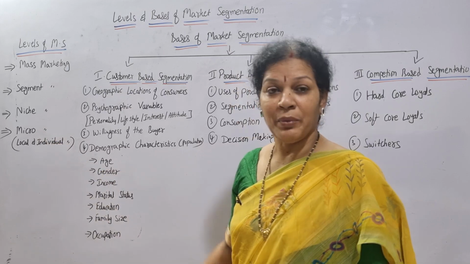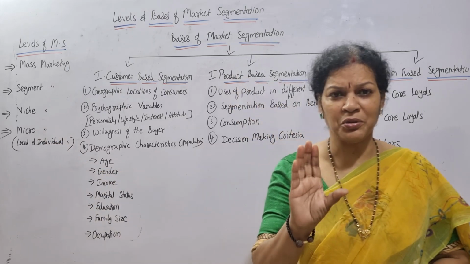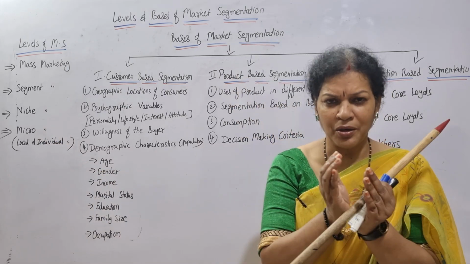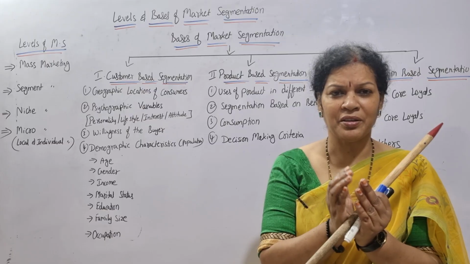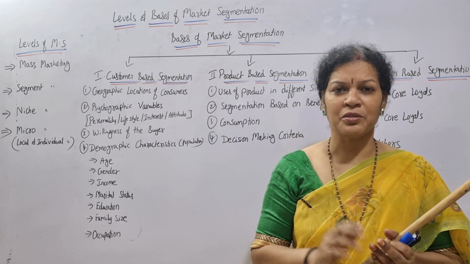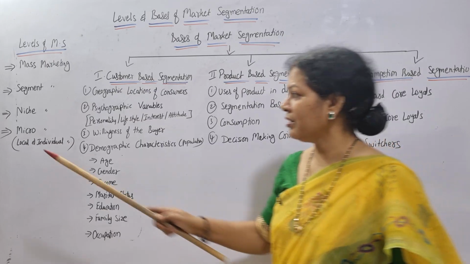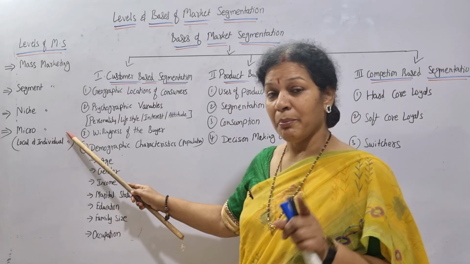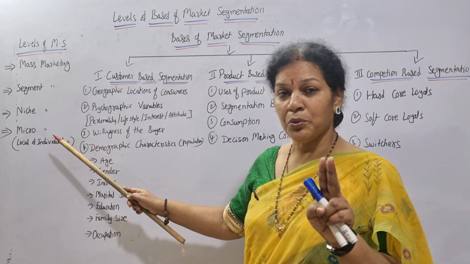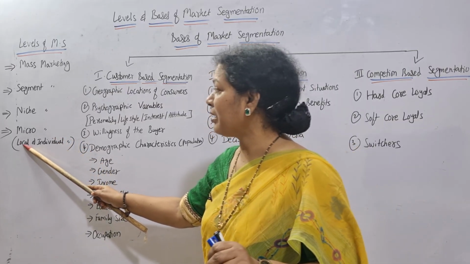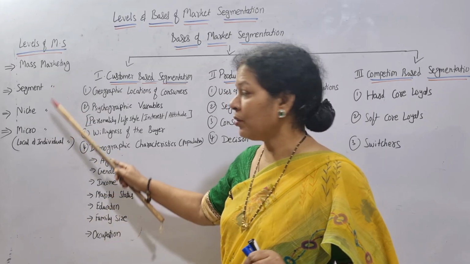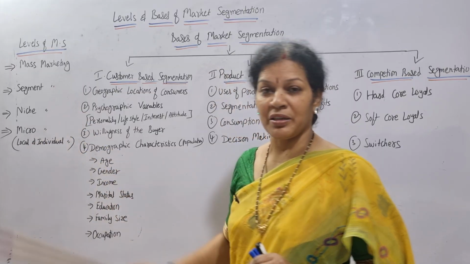Last one is micro marketing. Micro means we focus on a small group of people, a small category, a small area. That is micro marketing. Here we have two things: local market segment and individual market segment.